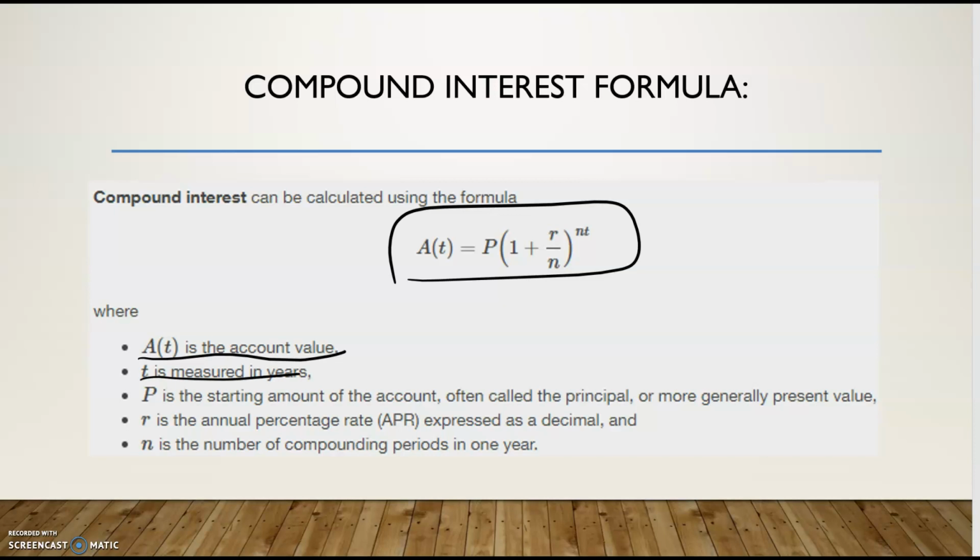T is measured in years. P is the starting amount in the account, called the principal. R is the annual percent rate. And N is the number of compounding periods in 1 year. How many times does it compound in a year?